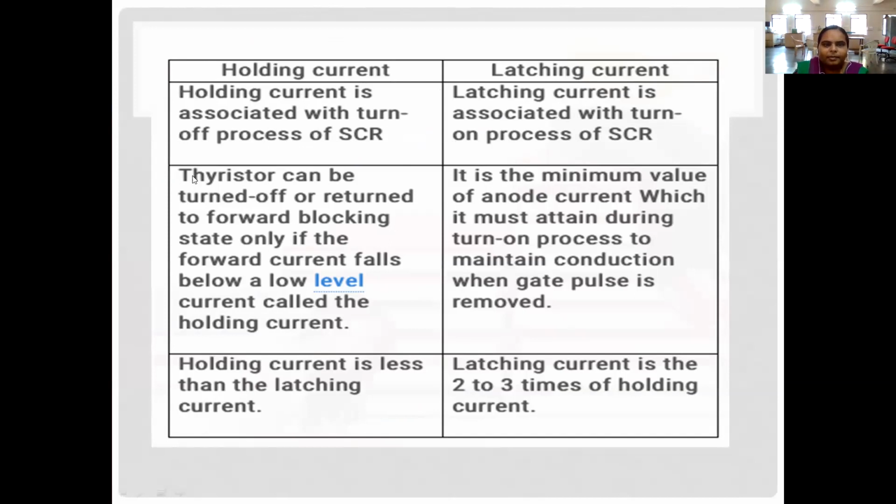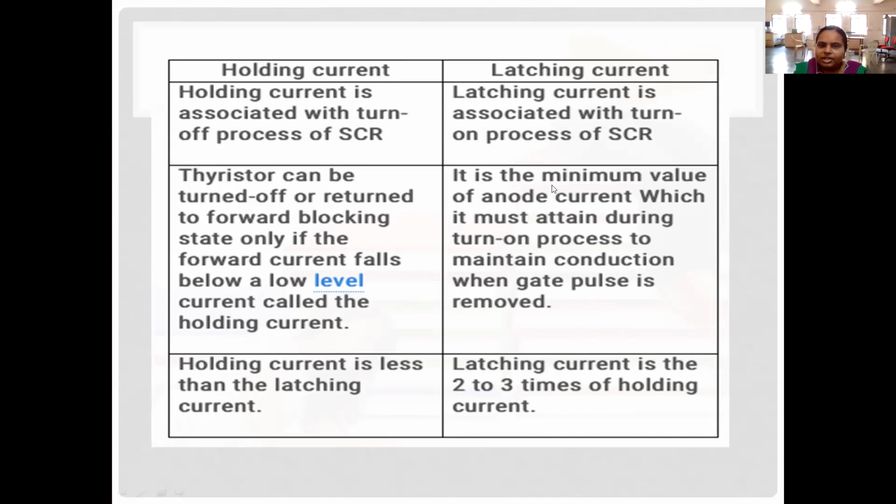The definition of holding current: the thyristor can be turned off, returned from forward conduction to the forward blocking state, only if the forward current falls below a low level. Below that current it is going to be off. That low level current is called the holding current.